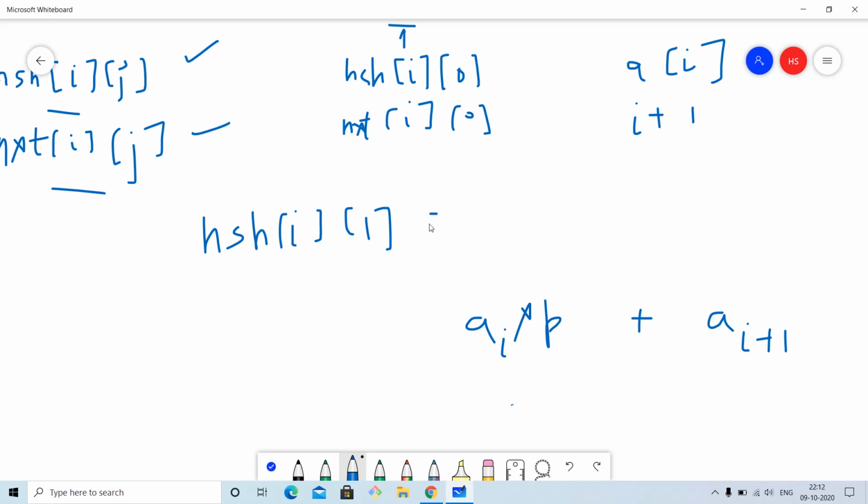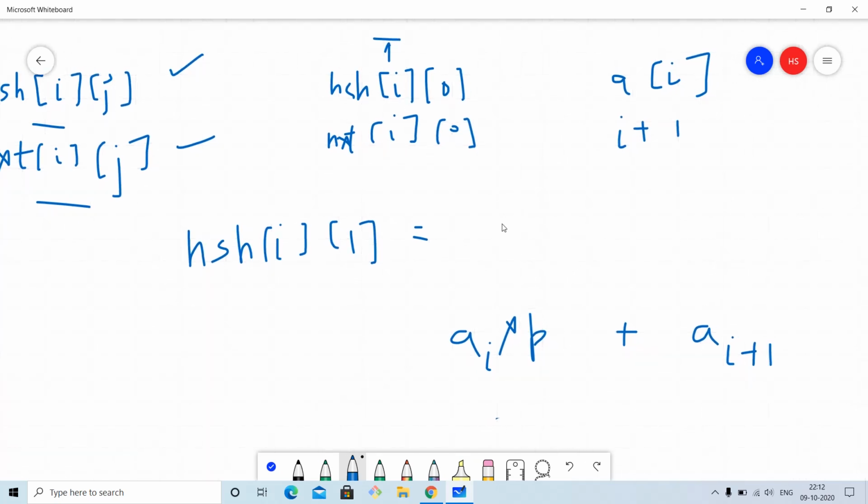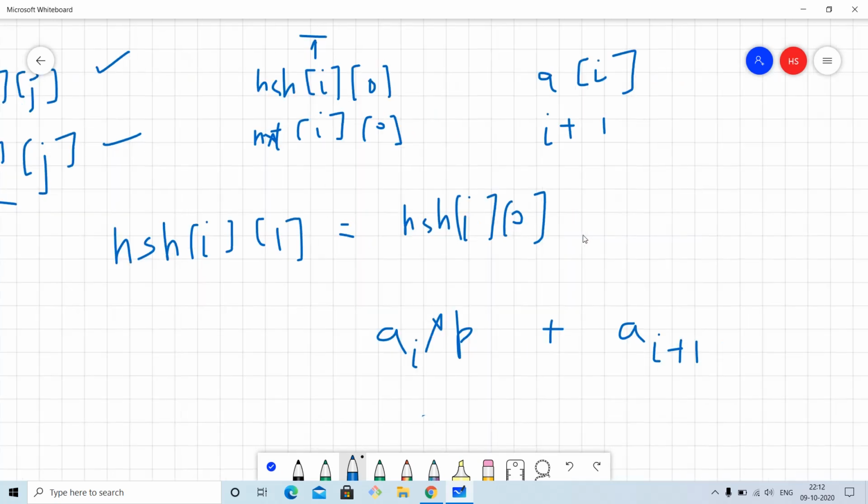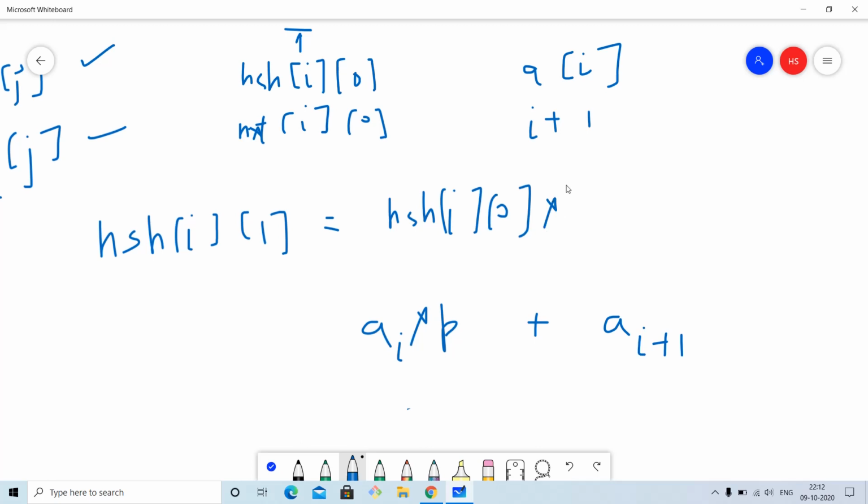So let us now compute this using the definition of hash ij. Hash i1 will be the hash of the half part, that is hash of i0, starting from index i with length for the half part being 1, which is 2 to the power 0, and we multiply this by p to achieve this, plus ai plus 1.